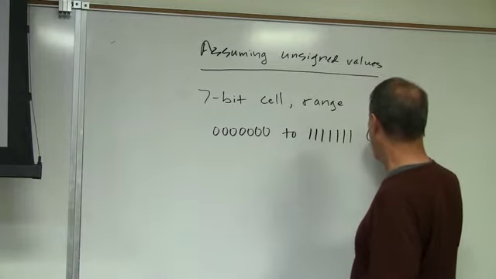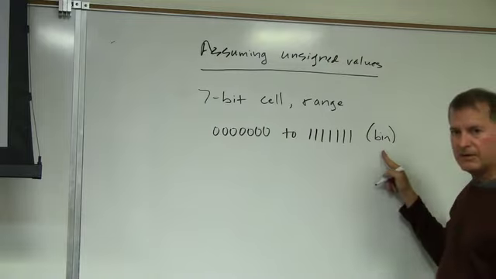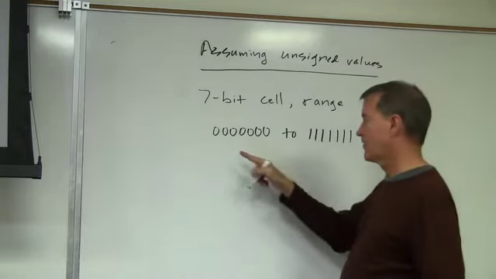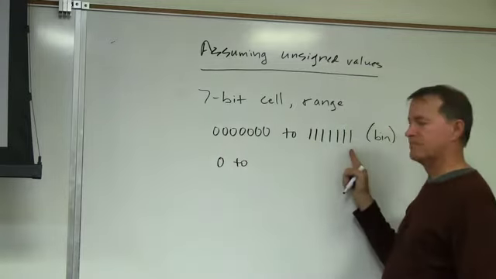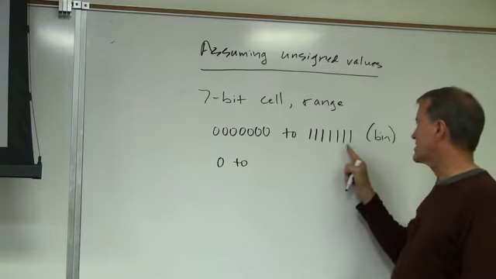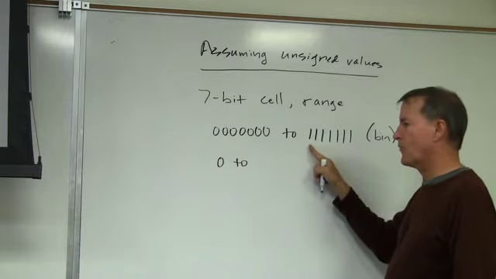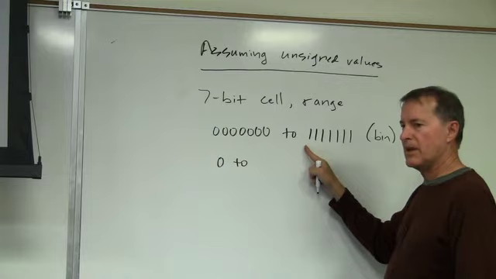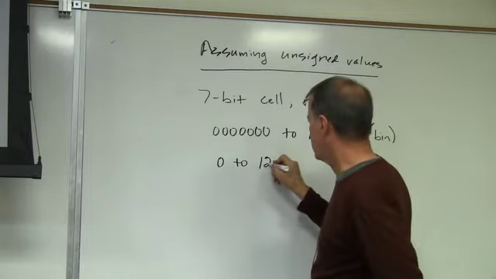Okay, we'll call this binary. But now what are these in decimal? This one is obviously 0. To, now what is this number? It's 1 less than 2 to the 7th. 1, 2, 4, 8, 16, 32, 64, the next one is 128, so it's 1 less than 128, so it's 127.